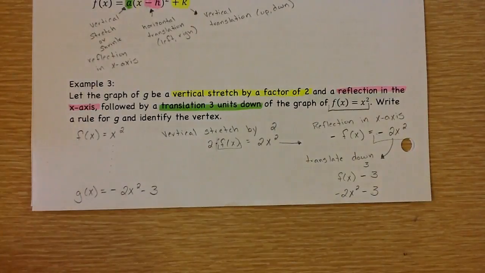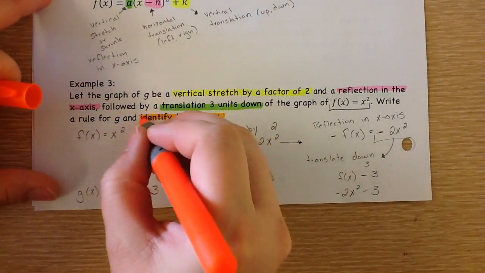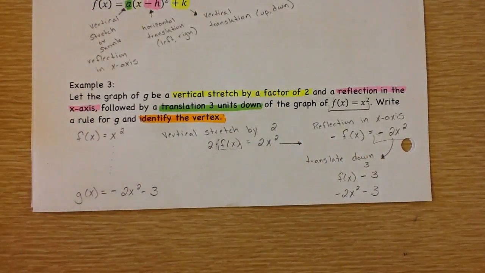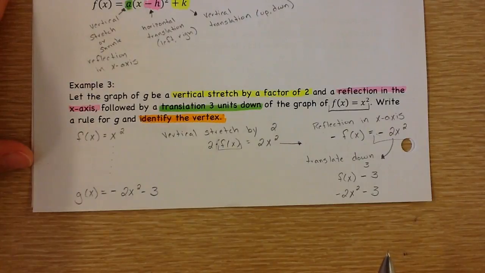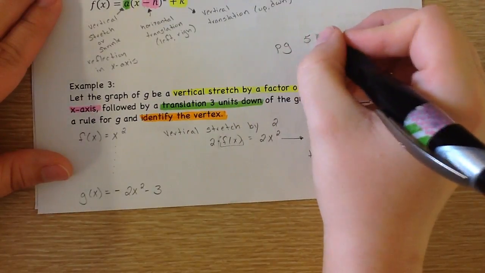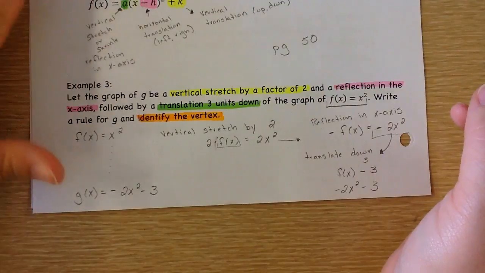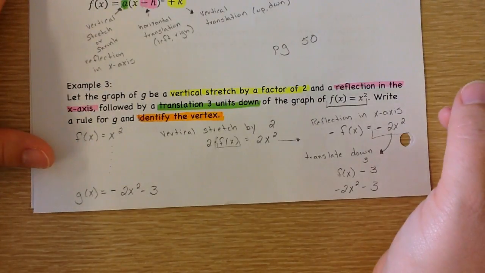Okay. Then it says identify the vertex. Oh goodness. What the heck does that mean? What I want you to do is look on page 50 in your book.